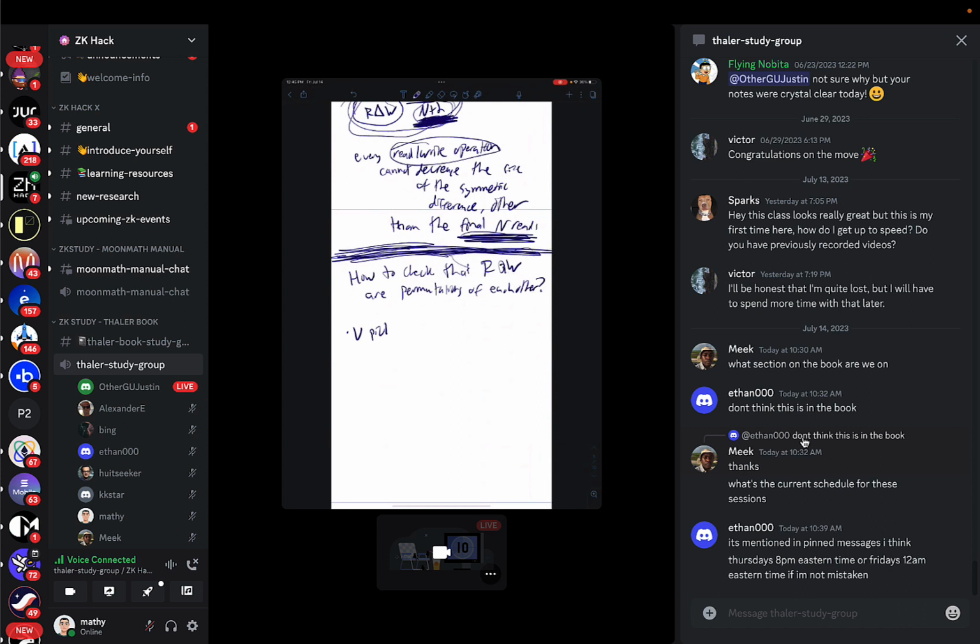V picks two random field elements, let's say gamma and alpha, at random. Now let R prime and W prime be the two vectors where you replace each three-tuple in R and W with the Reed-Solomon fingerprint using gamma as the random field element.